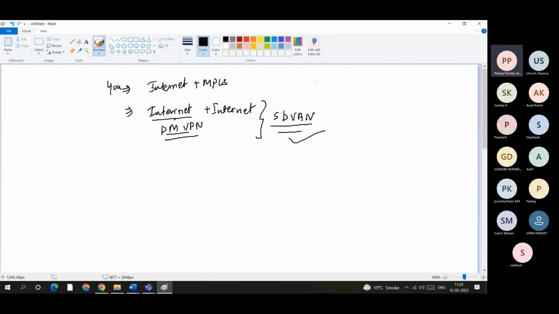Second one, a single SD-WAN will help you. Both circuits are internet and we have a single SD-WAN. Then you need a backup solution such as DMVPN or an IPsec tunnel configured between the routers. Why?